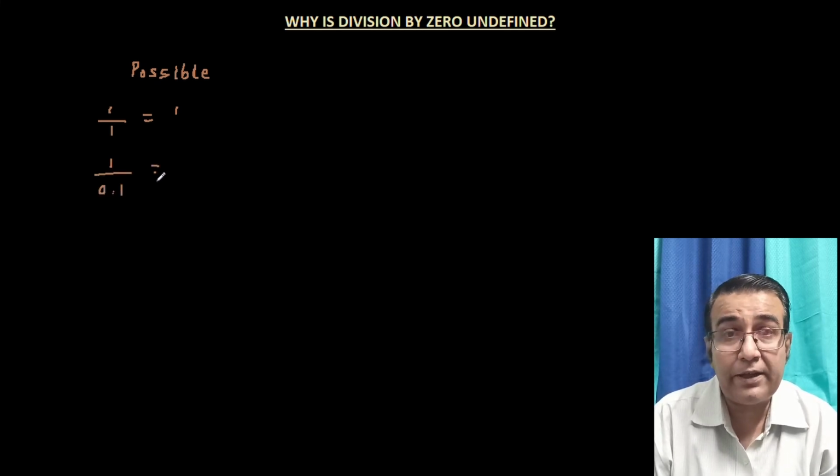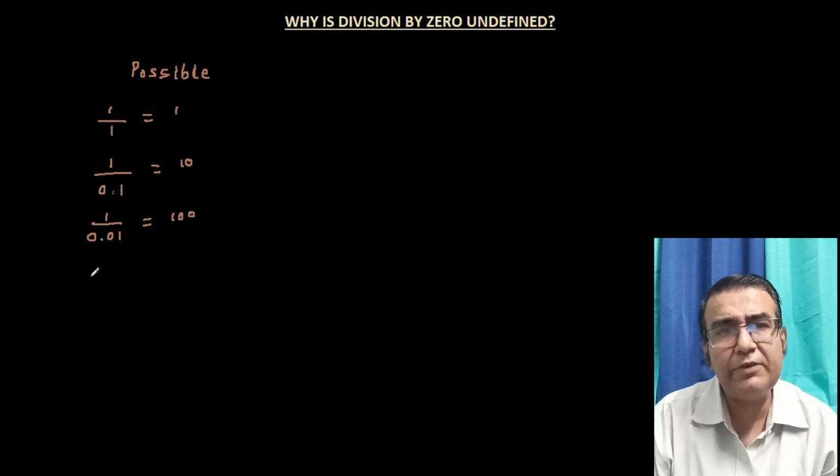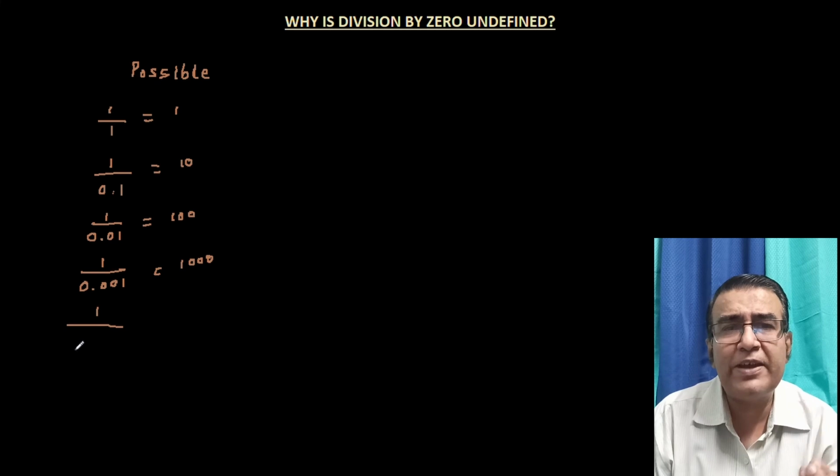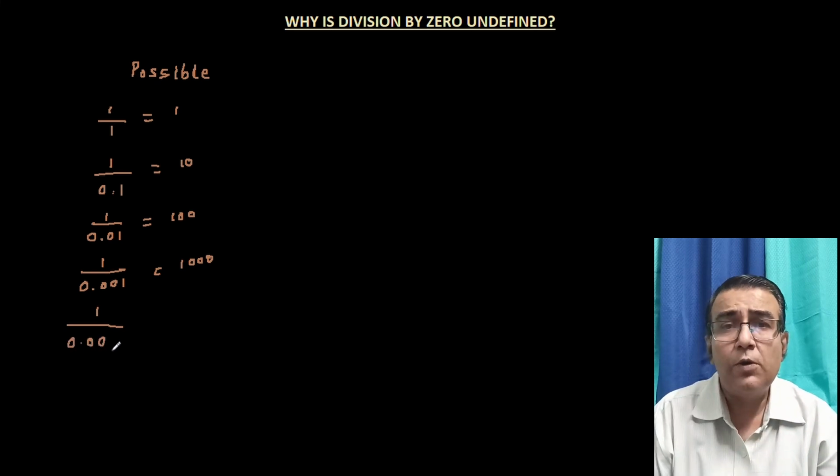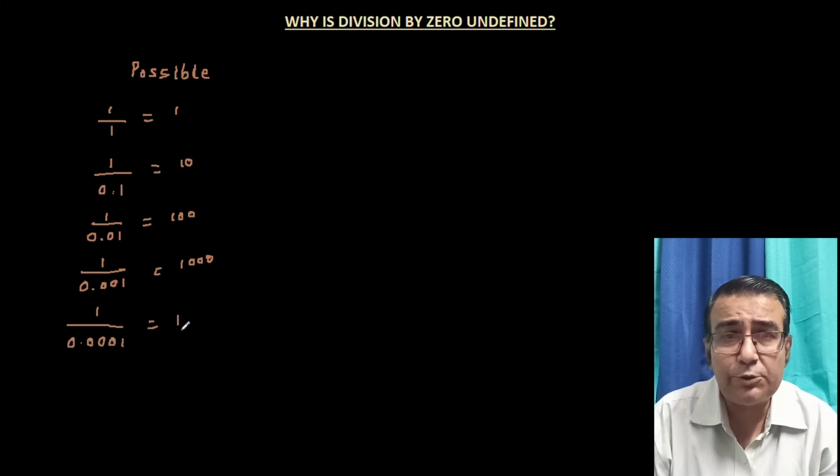The answer that I get is 10. I take an even smaller number, 1 divided by 0.01, and I get 100. I take an even smaller number, which is 1 divided by 0.001, and I get 1000. I take an even smaller number, a very small number close to 0, which is 0.0001, and what I get is 10,000.